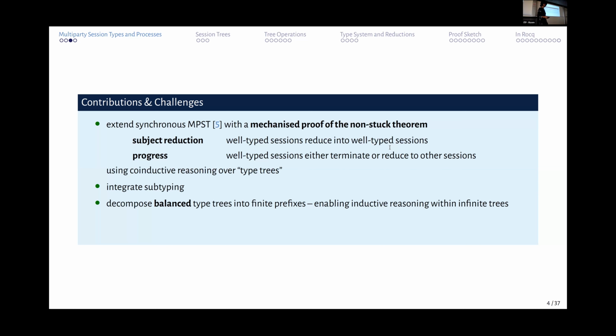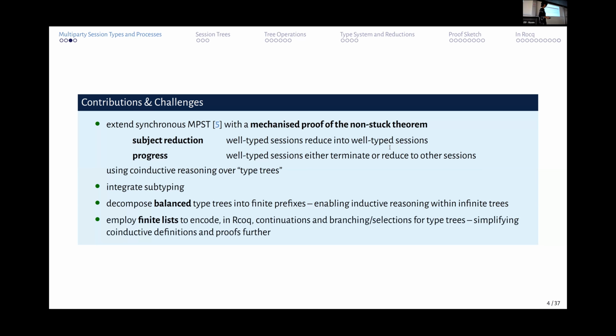We decomposed the balanced tree into a finite prefix, enabling inductive reasoning with infinite trees, and also we employed a finite list encoding in Coq to represent the continuation and branching and selection types. This simplifies the co-inductive definitions and proofs together.